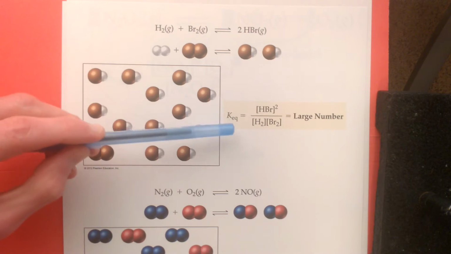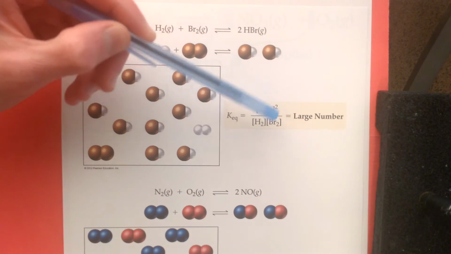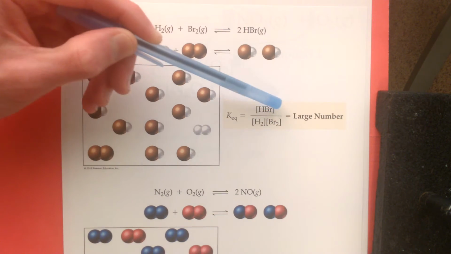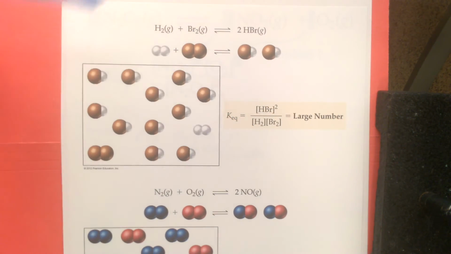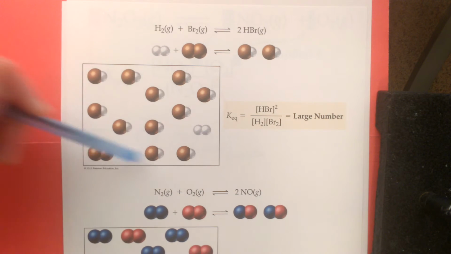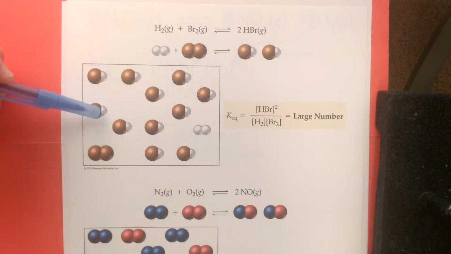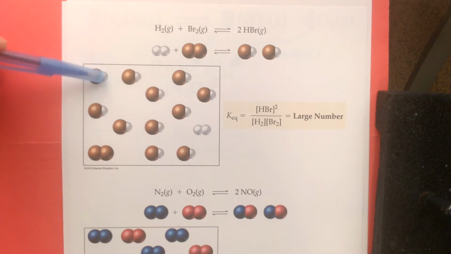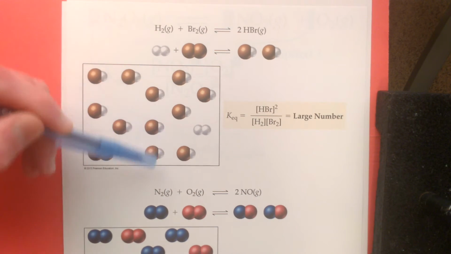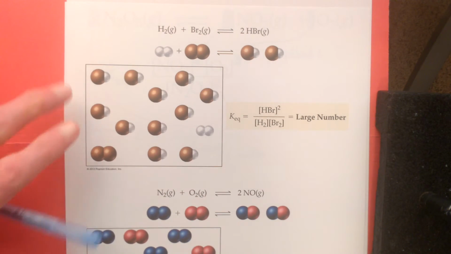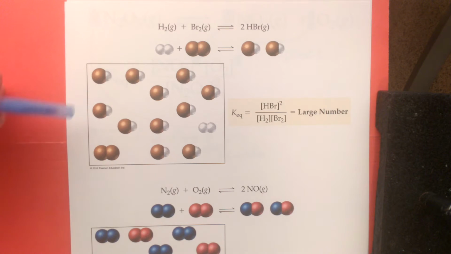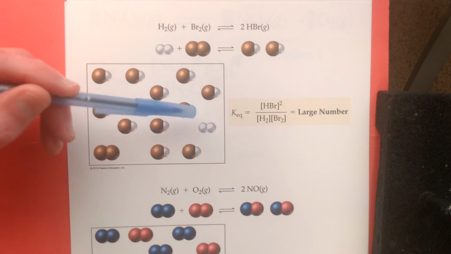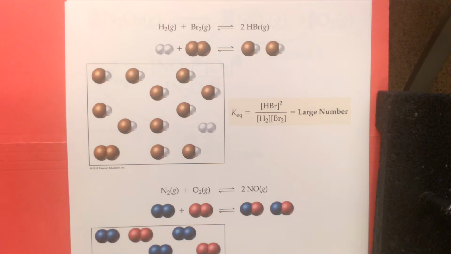Now, we write our expression. Remember that we use the stoichiometry. Those coefficients become exponents in our expression here. Now, we can see from this visual model that at equilibrium, there are far more HBr species. 1, 2, 3, 4, 5, 6, 7, 8, 9, 10, 11. Looks like 11 of those species compared to 1 of the hydrogen and 1 of the bromine species. So that's going to give us a rather large number.